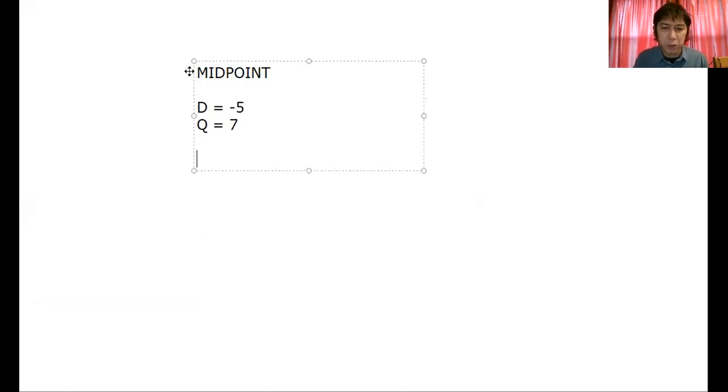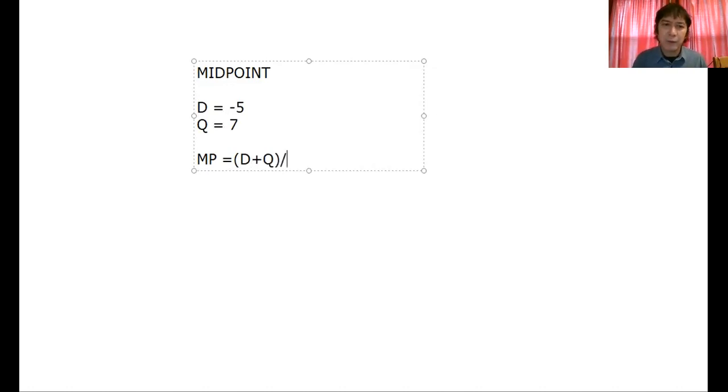Let's denote midpoint. The midpoint is equal to the sum of the 2 numbers, and then you divide by 2. It's like an average. So we shall make use of the letters as a formula: D plus Q, and then you divide the sum by 2.